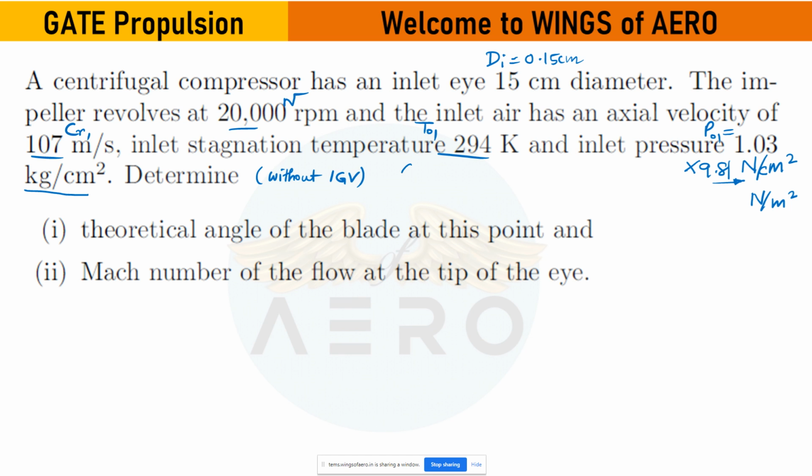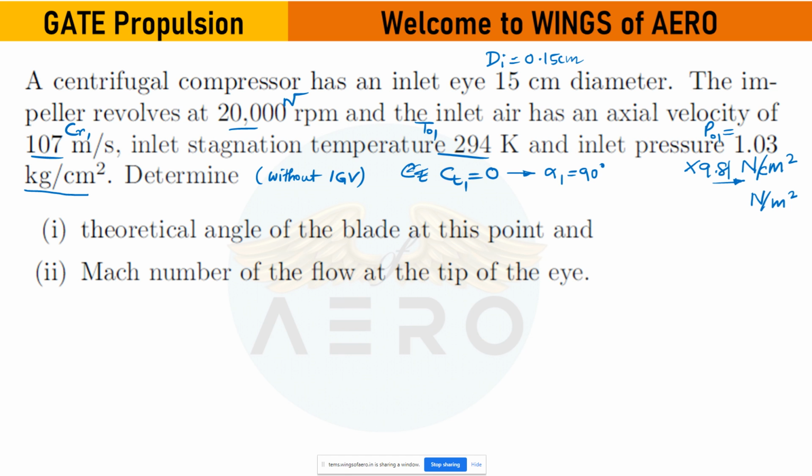We consider that C suffix theta, alpha is equal to 90 degree. Sorry, CT1 is equal to 0. The tangential velocity was 0, and when we are making it 0 we got alpha 1 become 90 degree. Am I right? Yes, ma'am.